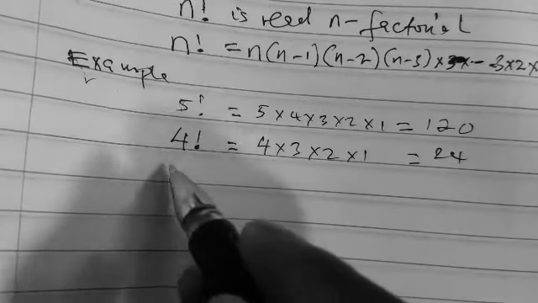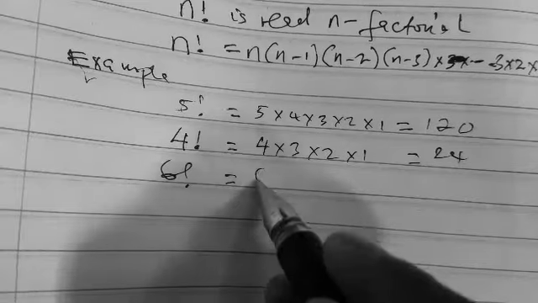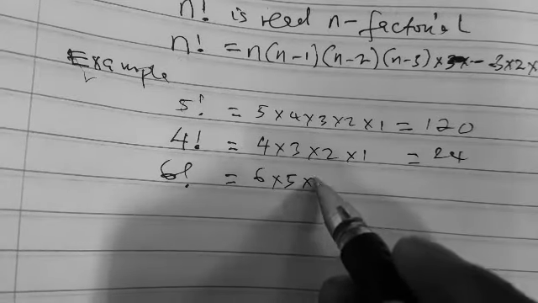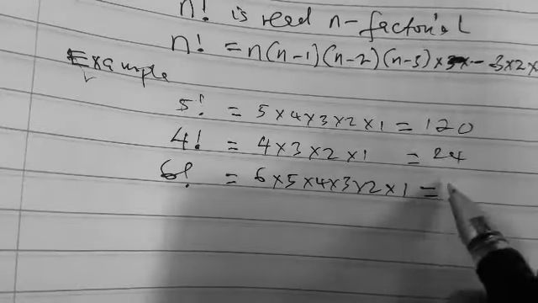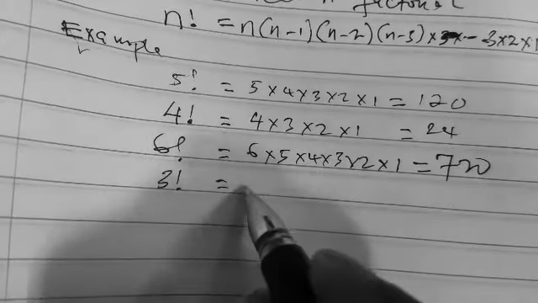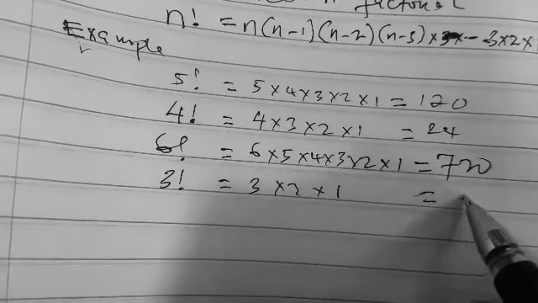And also 6 factorial is the same thing as 6 times 5 times 4 times 3 times 2 times 1, which is equal to 720. And also 3 factorial is the same as 3 times 2 times 1, which is equal to 6.